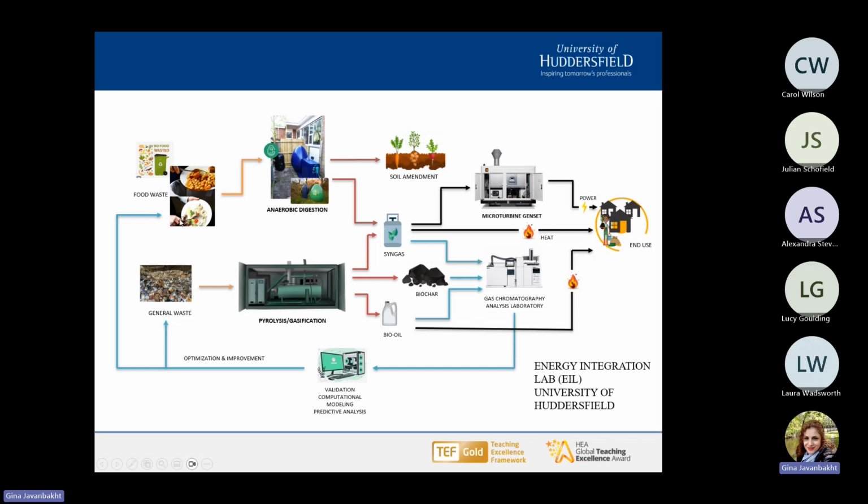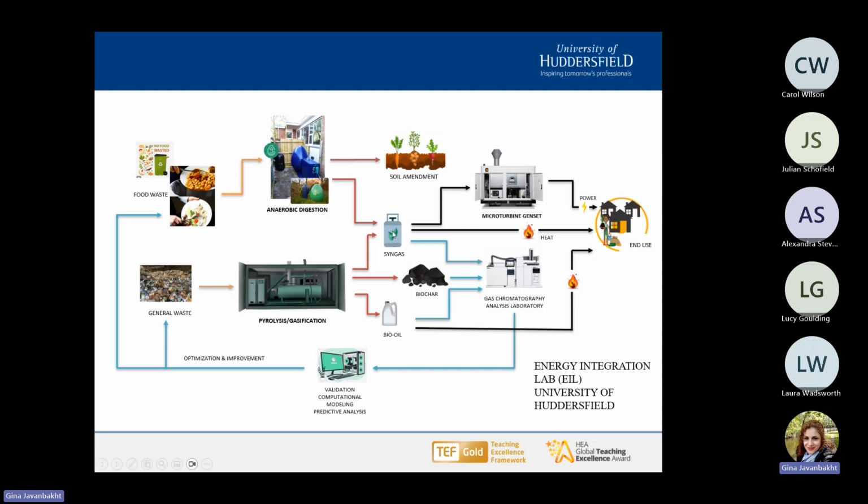We're collecting food waste from our kitchen and putting it in anaerobic digestion. We are collecting university waste and putting it in our pyrolysis or gasifier unit. Then we're going to produce some fertilizer, a very nice one that you can use in the university gardens. We already are doing it.